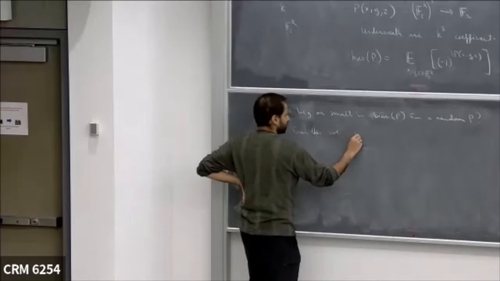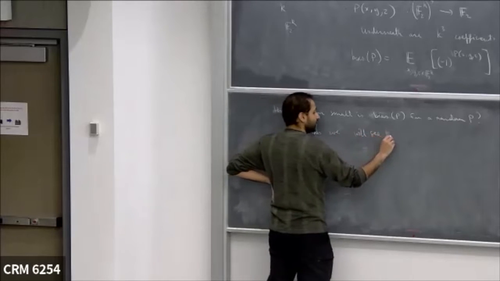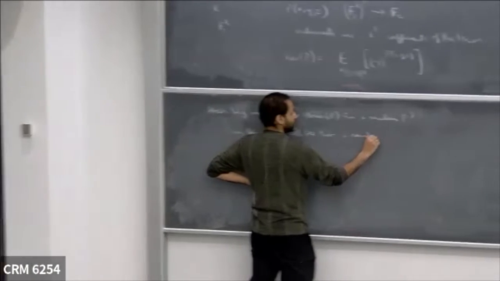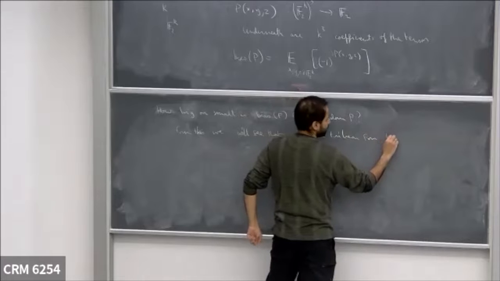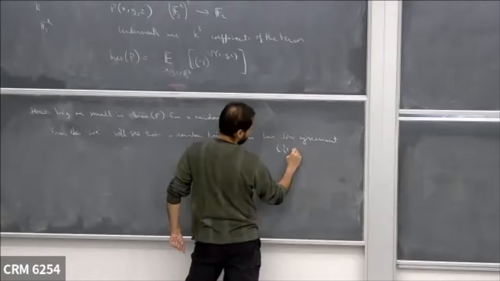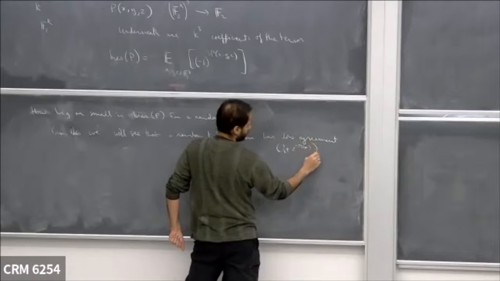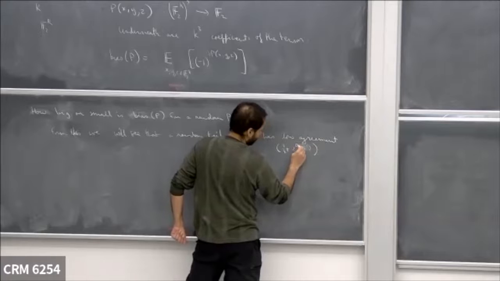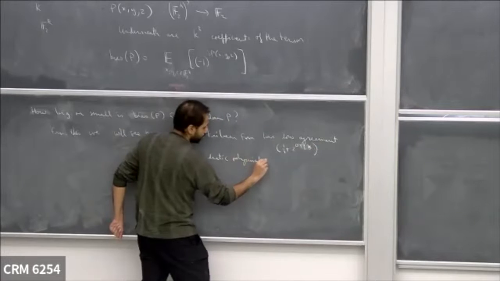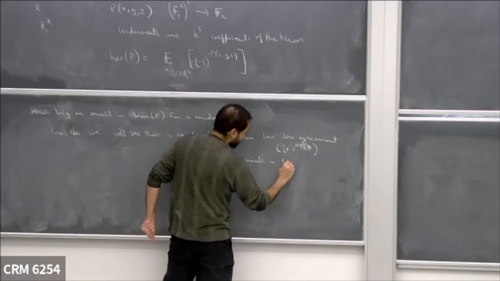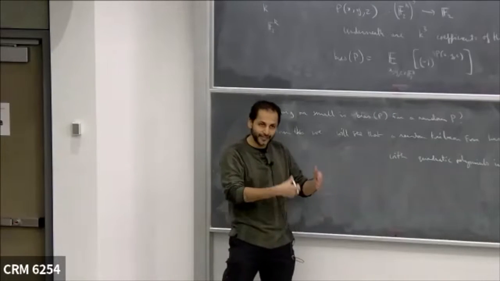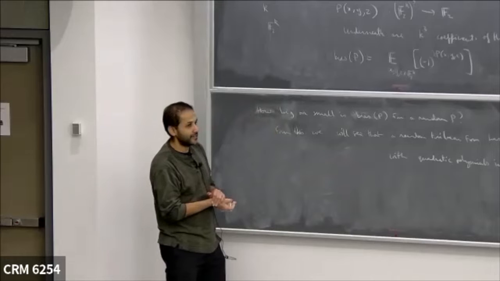And from this we'll see that a random trilinear form has low agreement, and by low, I mean half plus 2 to the minus omega k, in fact 2 to the minus 0.99k, with quadratic polynomials in 3k variables. And this is the kind of low correlation with lower degree polynomials. What does agreement mean?